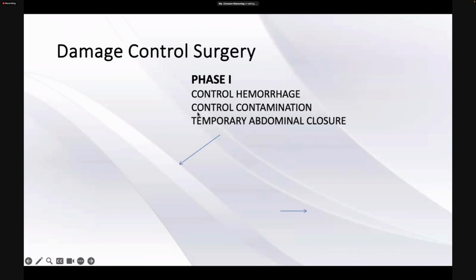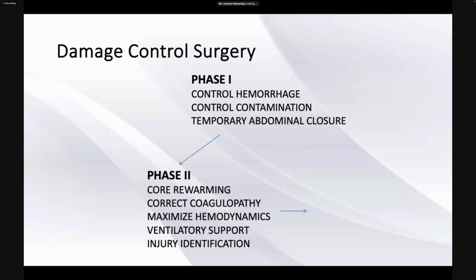So, for your damage control surgery, you have 3 phases. Phase 1 is yung mismong surgery, yung DCS mo. So, control of hemorrhage, control of contamination, and temporary abdominal closure.